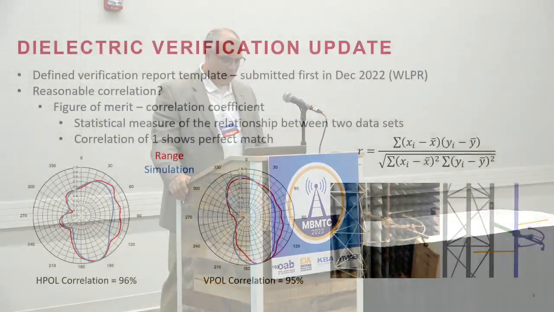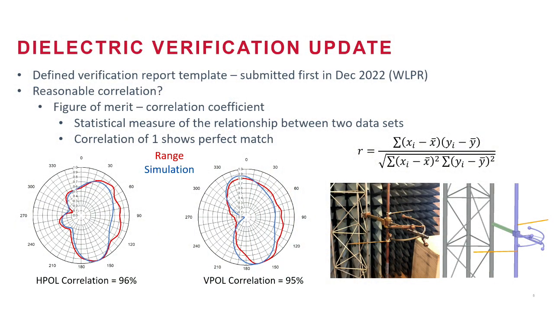So we proposed that when you compare those two sets of data, if that correlation coefficient is 95% or greater, that would demonstrate reasonable correlation, okay? So we took a stab at defining that. And the FCC actually liked that model, and they said, okay, we approve your petition to be able to offer that model with computer simulated patterns.